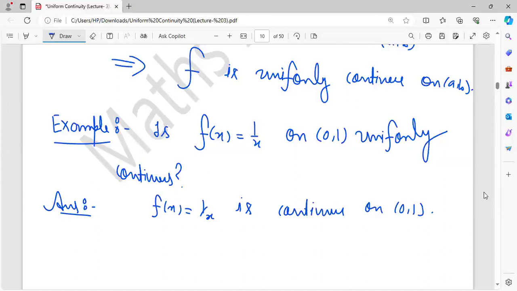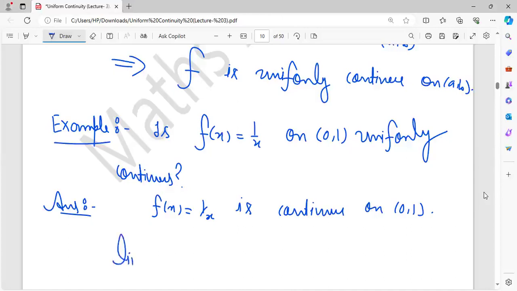Otherwise not, because we have proved three statements which are equivalent. In that, one statement was that the right hand limit at A exists and the left hand limit at B exists. So if any limit does not exist, the function is clearly not uniformly continuous.